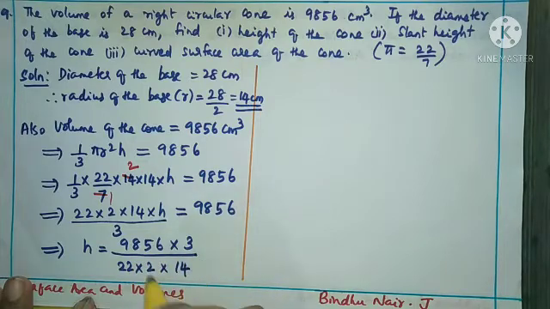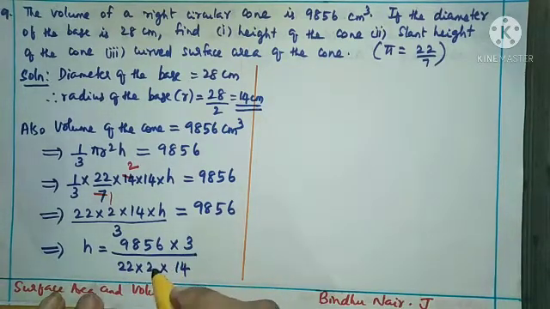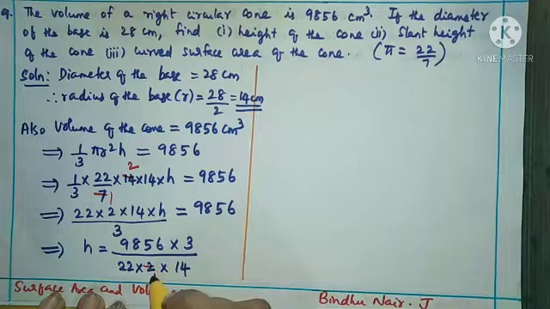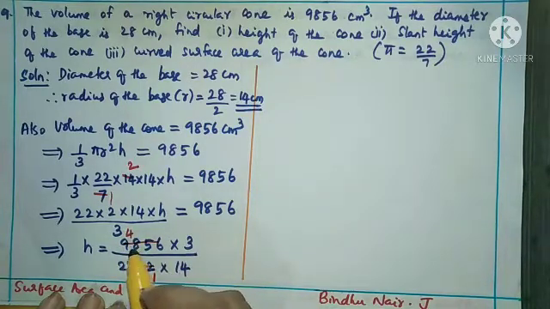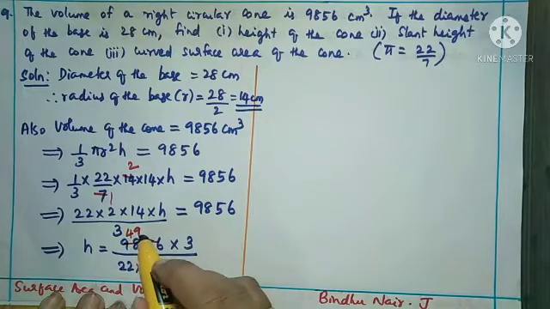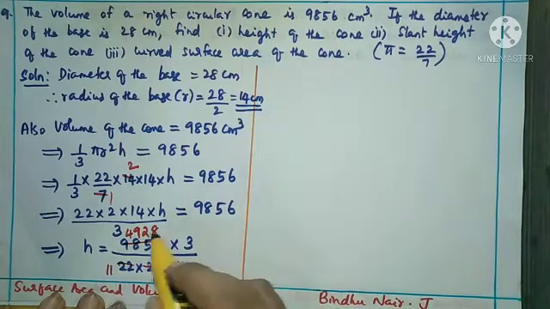So do this calculation. Here you can cut by 2 table. 1 2 is 2. Here 4 2s are 8, 9 2s are 18, 2 2s are 4, 8 2s are 16. Again we can cut by 2 table. 1 2 is 2, 1 2 is 2.